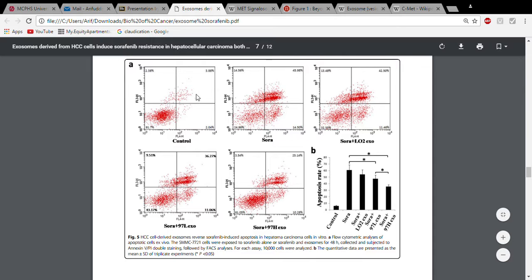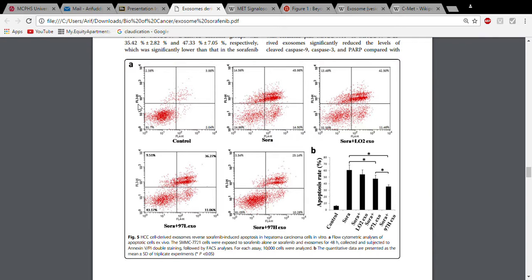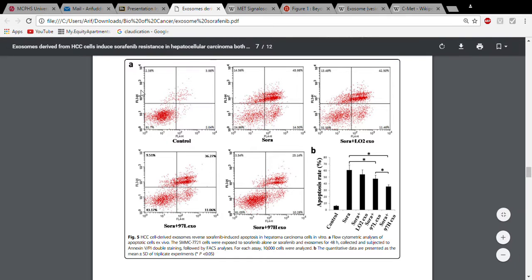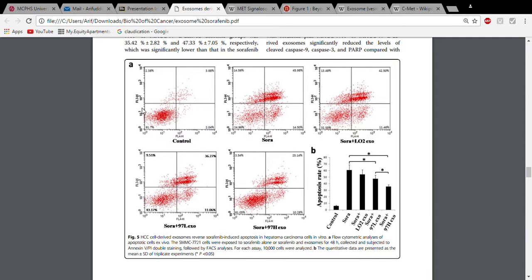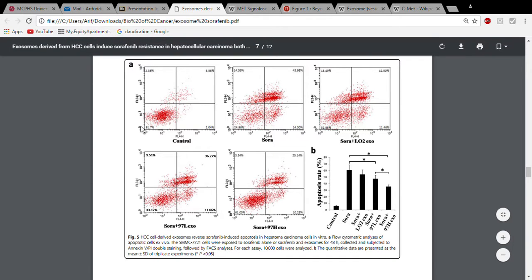The top one shows late apoptosis because the DNA of the apoptotic cells also binds to propidium iodide, and propidium iodide binding levels are shown on the y-axis. So as you go up, there is higher propidium iodide binding, and as you go right, higher annexin 5 binding. That's the basic gist.